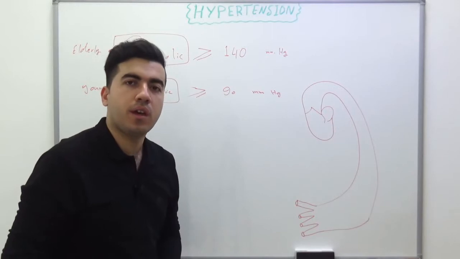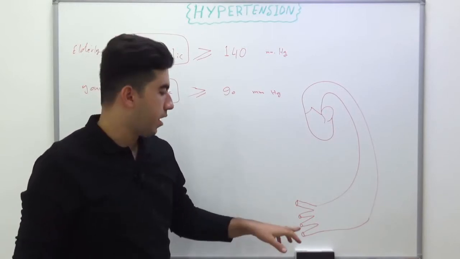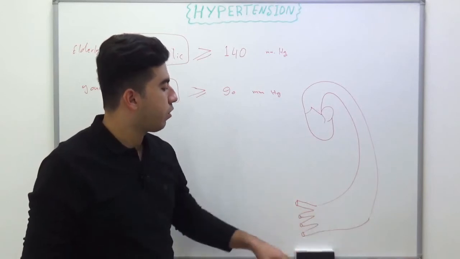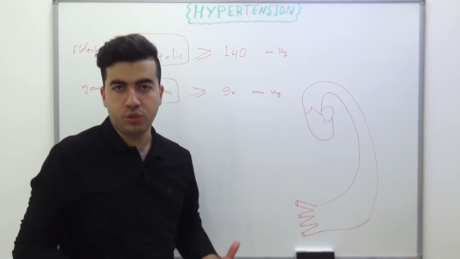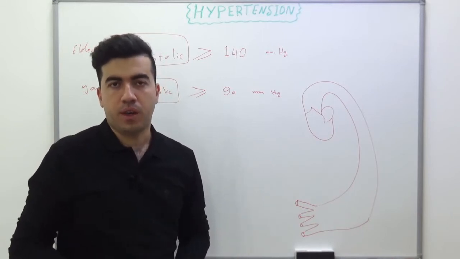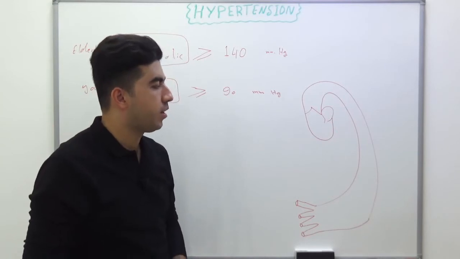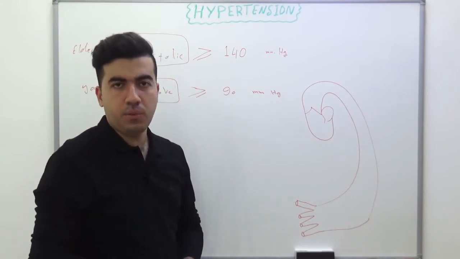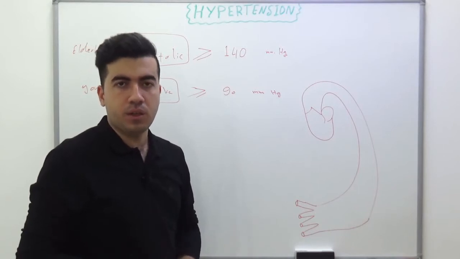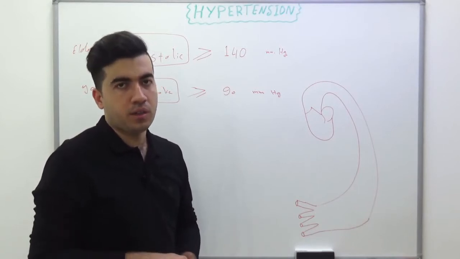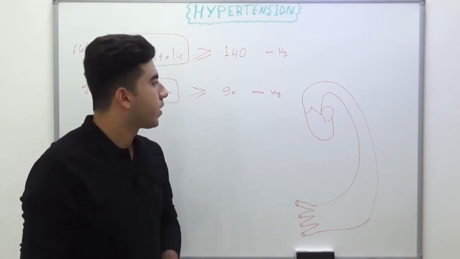For example, when the blood pressure is high, these arterioles will constrict. They will resist the blood flow from the arterial side to the venous side, and this protects the tissue in this organ from the bad effects of high blood pressure. And when the blood pressure is low, they will dilate, so the blood flow to this organ will be more, and this tissue is supplied with sufficient blood.